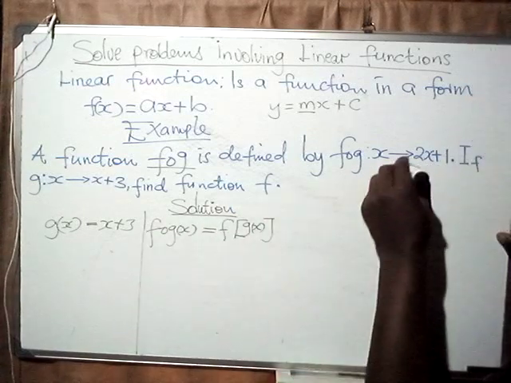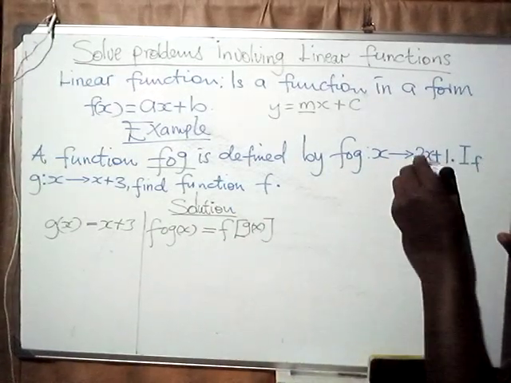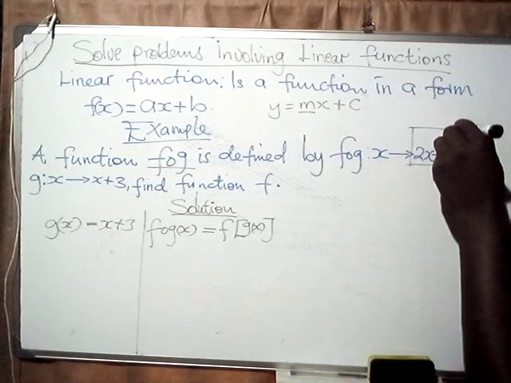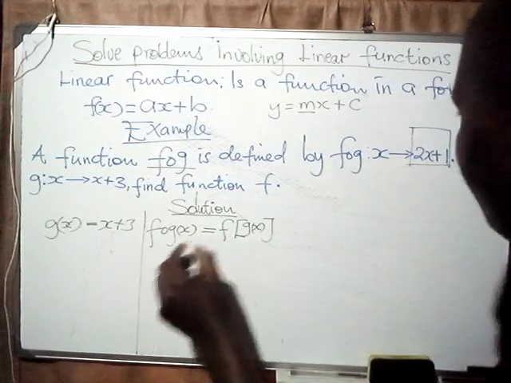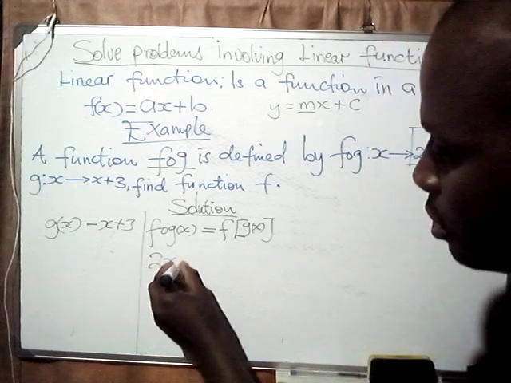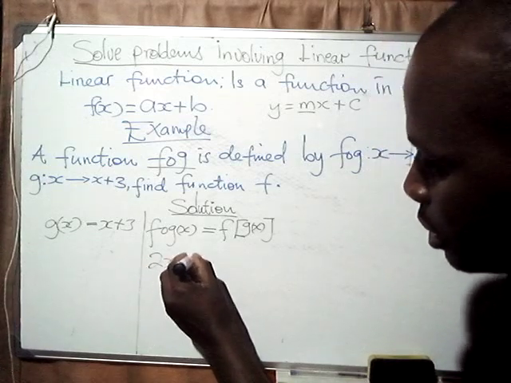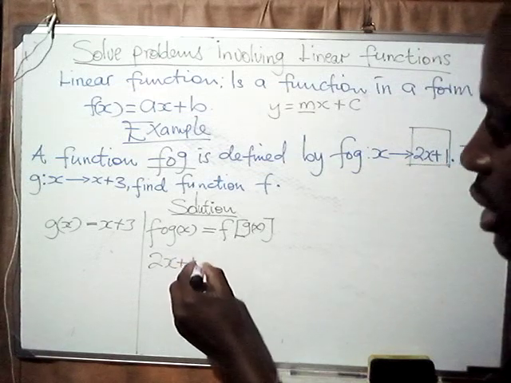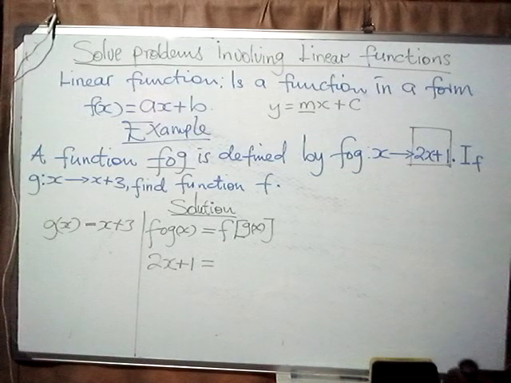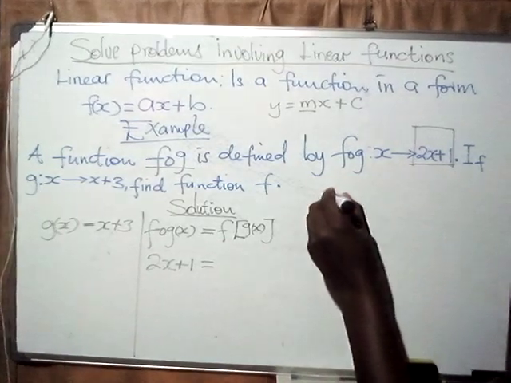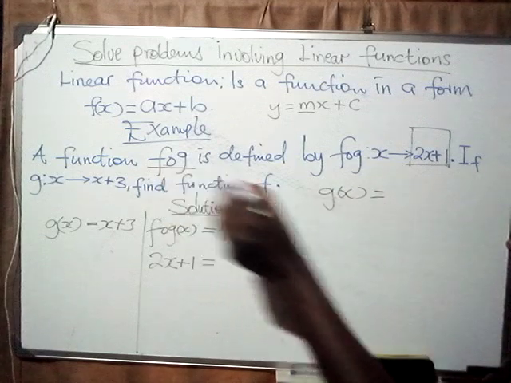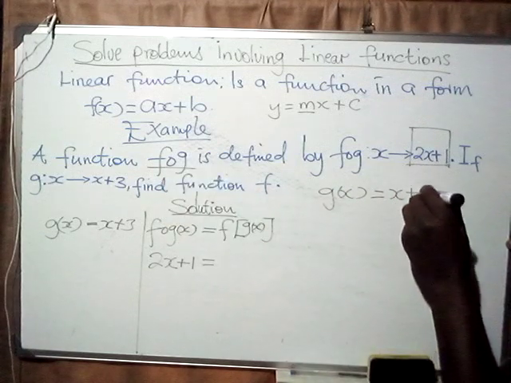So where there's f of g, we are going to replace it with this. So f of g of x will be 2x plus 1, which is equal to f, because the function g of x we know as x plus 3.